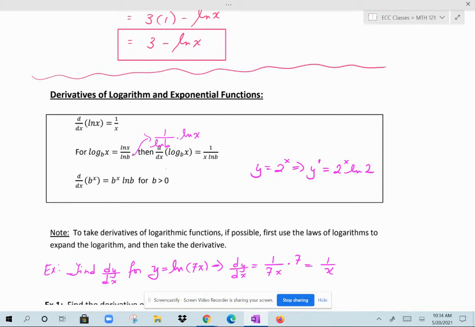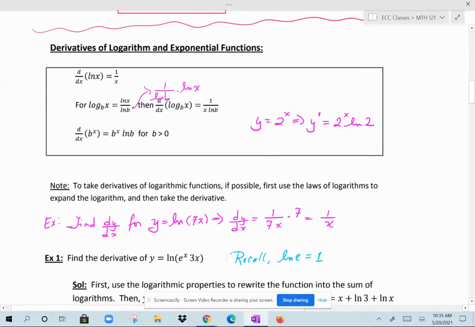So in this first example, you don't need to really expand ln of 7x, although it is a product, 7 times x is a product. You can take the derivative by using chain rule, where your outer function is ln and your inner function is 7x. So with chain rule, you take the derivative of the outer function first.